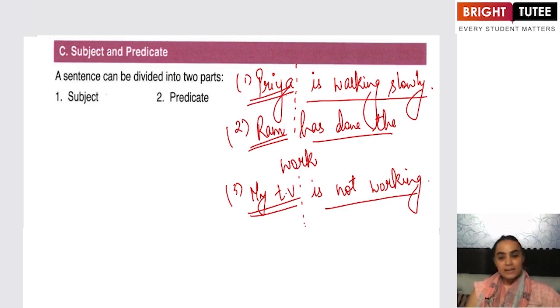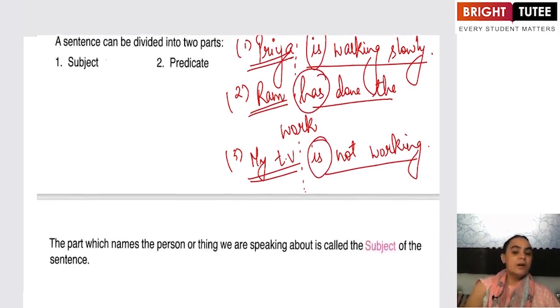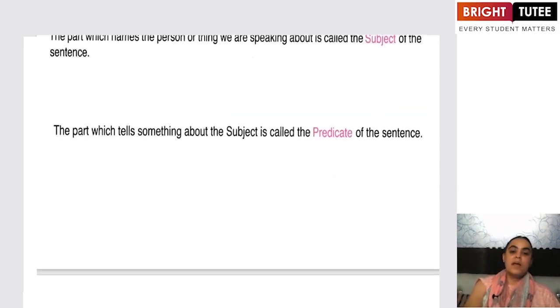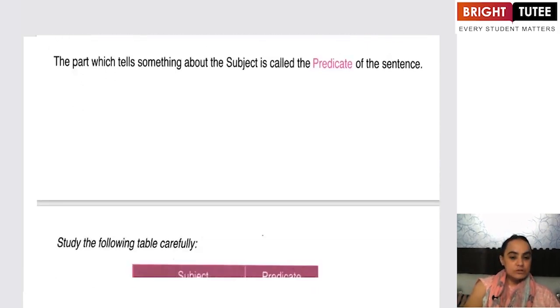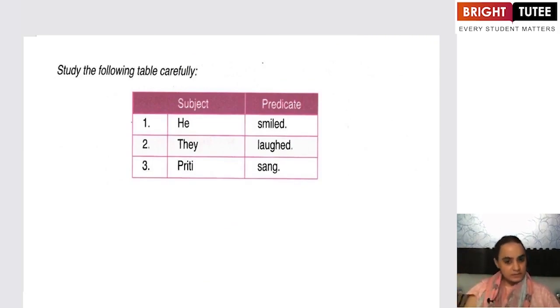But your predicate, you have to remember, will always have the verb. Whatever is the verb of the sentence, that verb is always the part of a predicate. So, as I told you already, subject is what and who we are talking about, and predicate is the rest of the sentence.